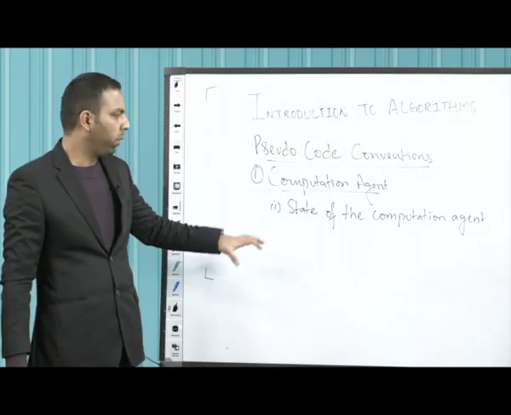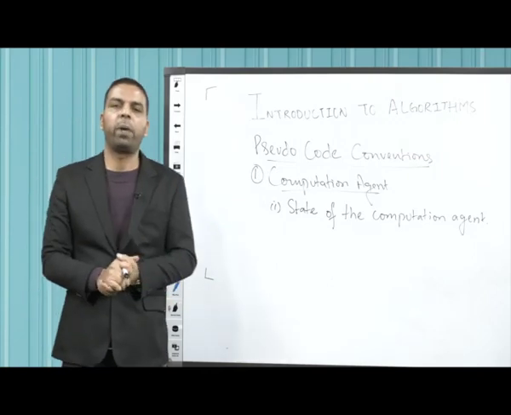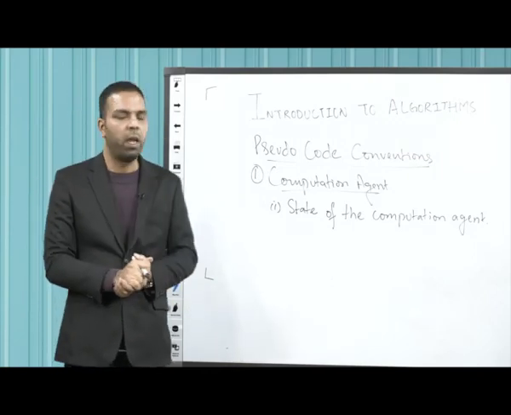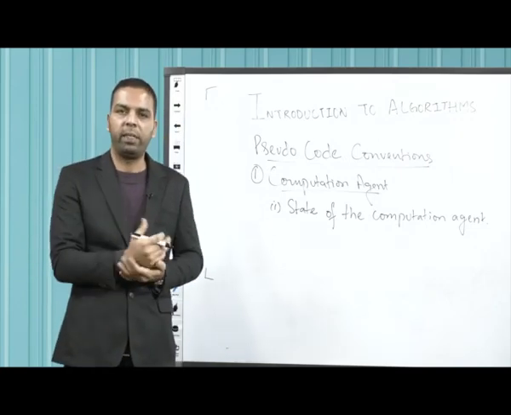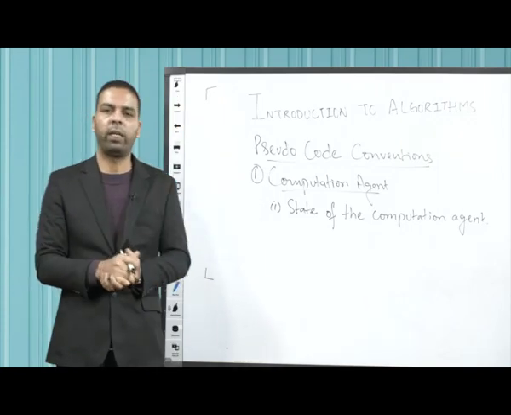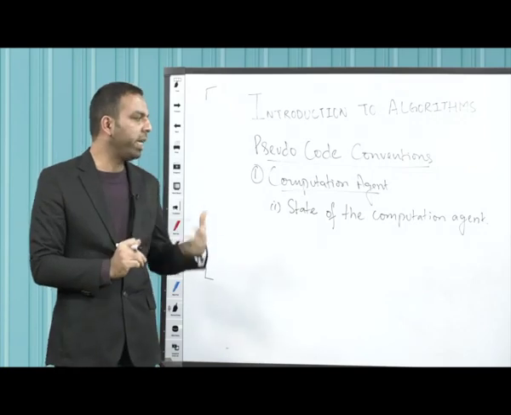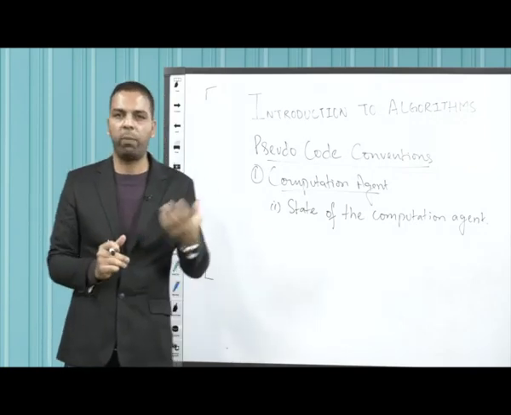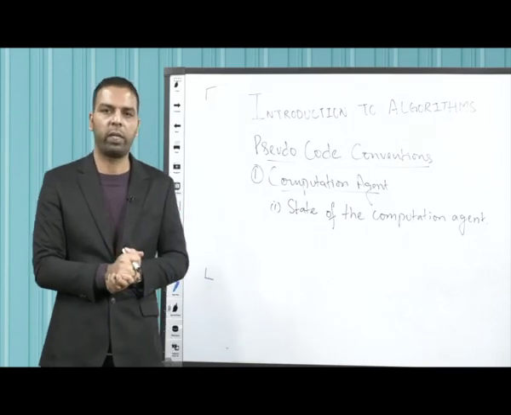So the first thing that you have to save is the state of your computation agent. And what comprises the state of your computation agent? Whenever you are writing a program, you have different variables, and those variables have different values, or you have different objects of a class, and they have some value stored in them. So basically, the state of the computation agent is described by the values of the particular variables which you are using at that time.